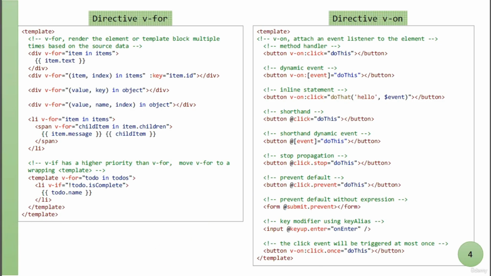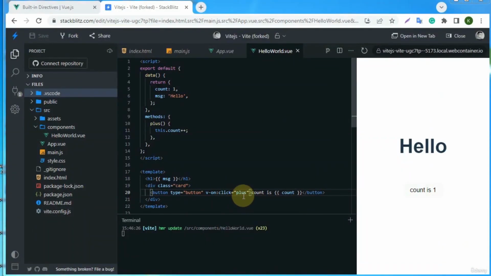Okay, open please our project, and here add quotes and provide the special word event. Now I can catch it inside the plus method.